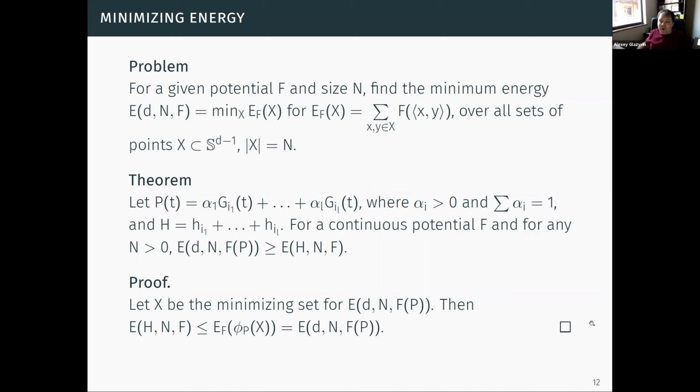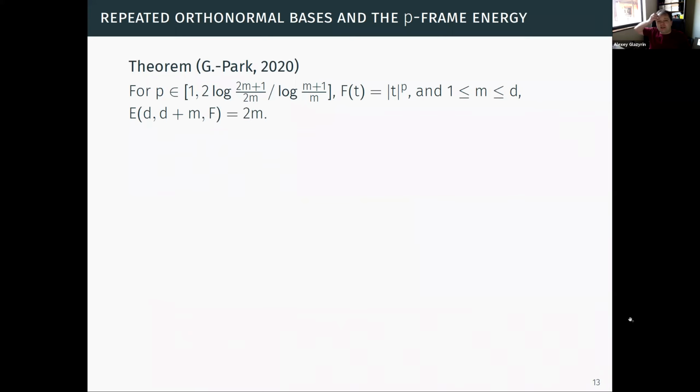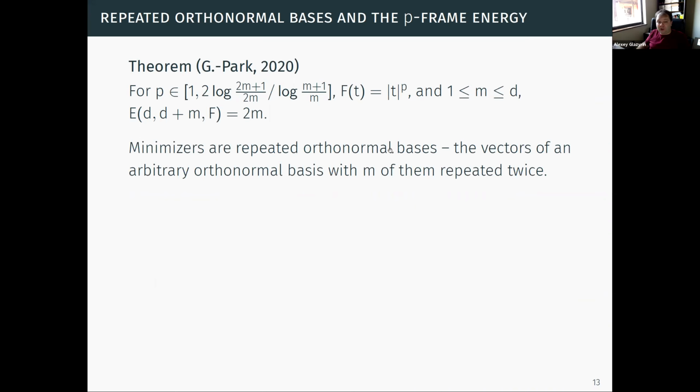Okay, so I'm going to show one example where you can actually get something from this. This is one of our recent results with Josiah Park. We studied p-frame potentials, and we actually showed that the p-frame energy, for a number of points no greater than twice the dimension, is attained on the repeated orthonormal basis.